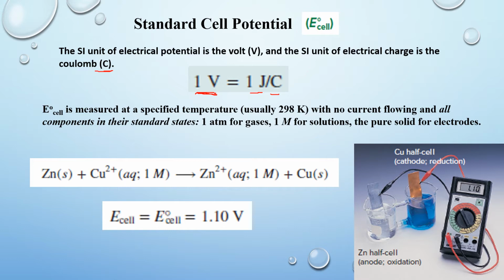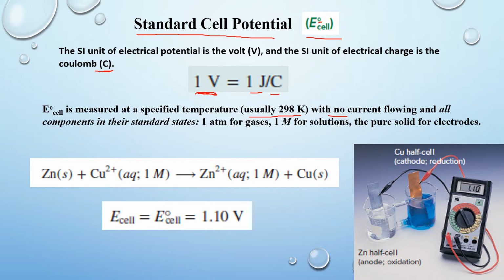Therefore, as with other thermodynamic quantities, to compare the potential of different cells, we use a term called the standard cell potential. This is E cell with a little circle to indicate the standard condition. Normally this is measured at room temperature, with no current flowing.